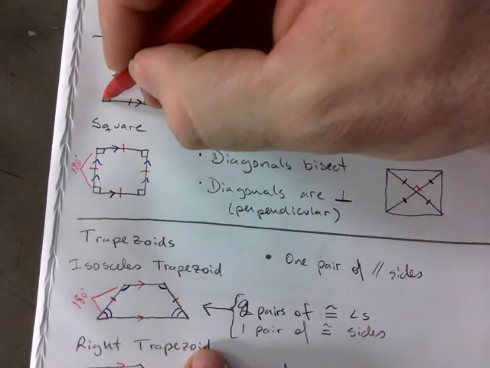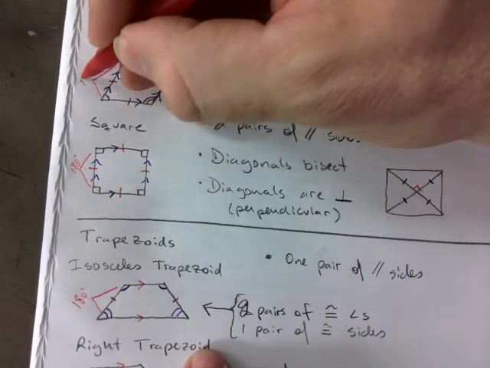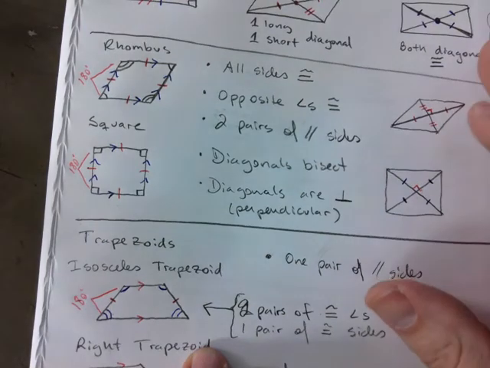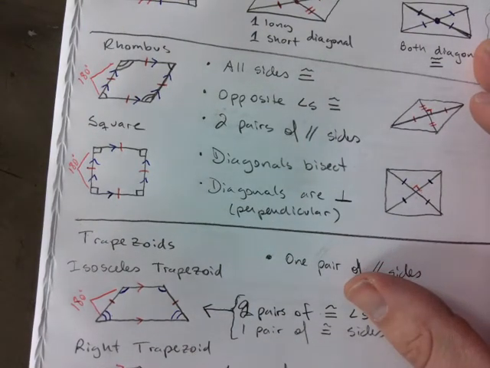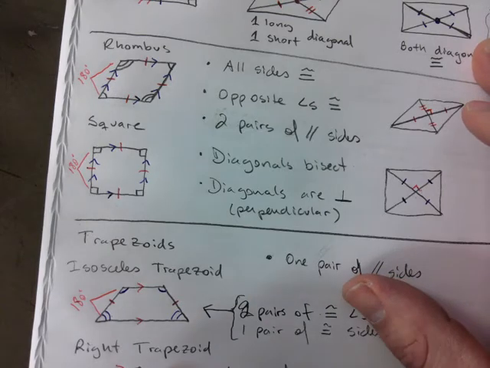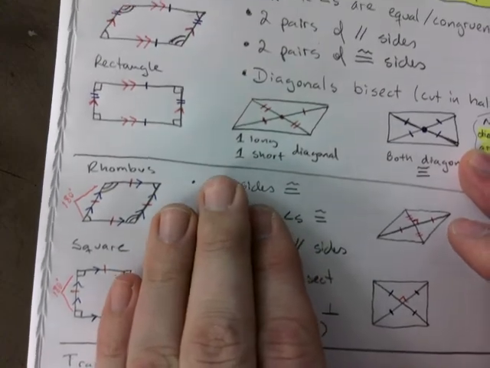Same with the rhombus. That's going to be so helpful. When they give you only one angle, you're like, I don't know what to do. Oh, the bottom is 120, the top is 60. Boom, got it. Same with this one.